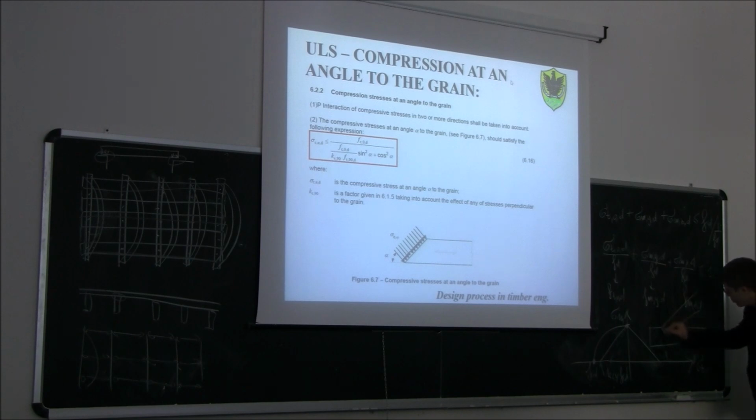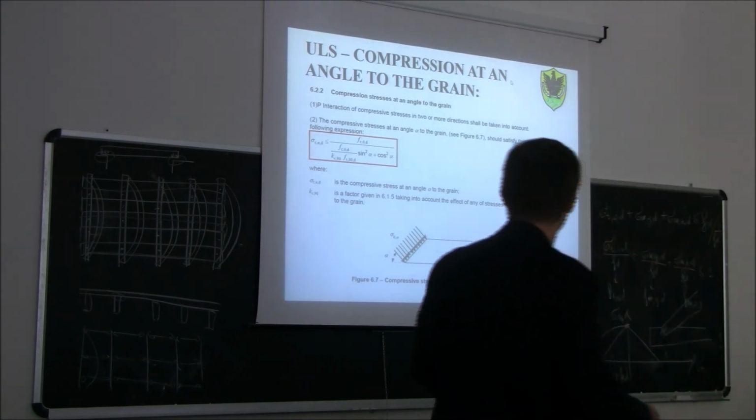Here, we need to check that the compression at an angle to the grain is satisfied. Okay? Here we have no compression parallel or perpendicular, we have compression inclined at a certain angle to the grain.